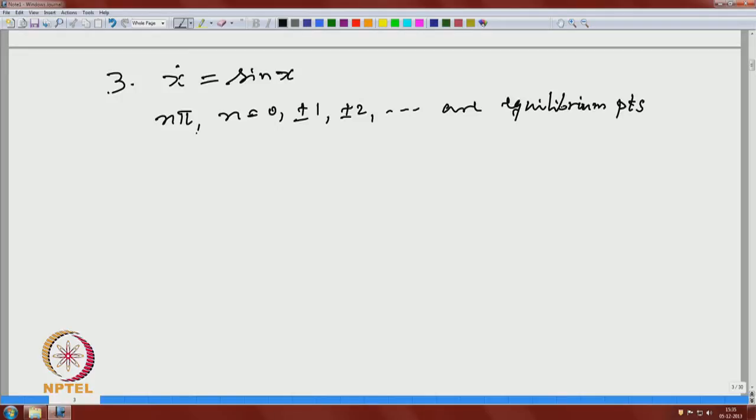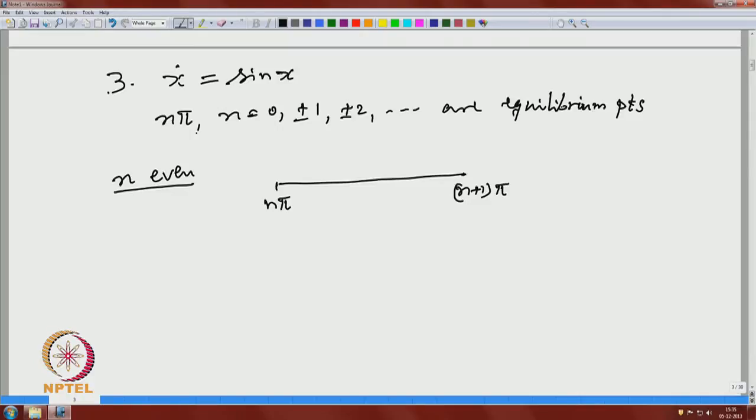Okay. So, let me just consider the case, let me write it separately. So, n even, okay, that is the case. So, let me just draw here n pi, n plus 1 pi.